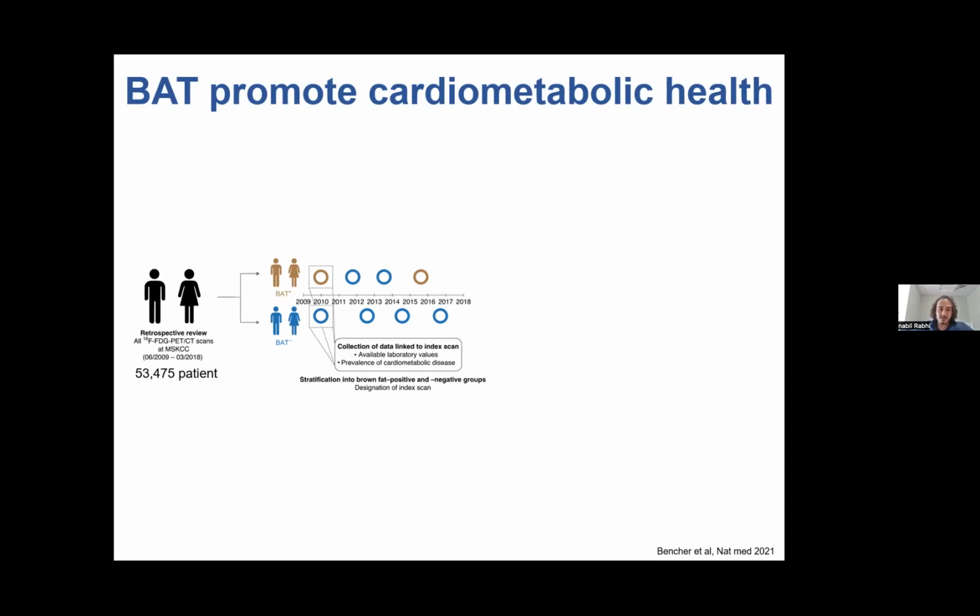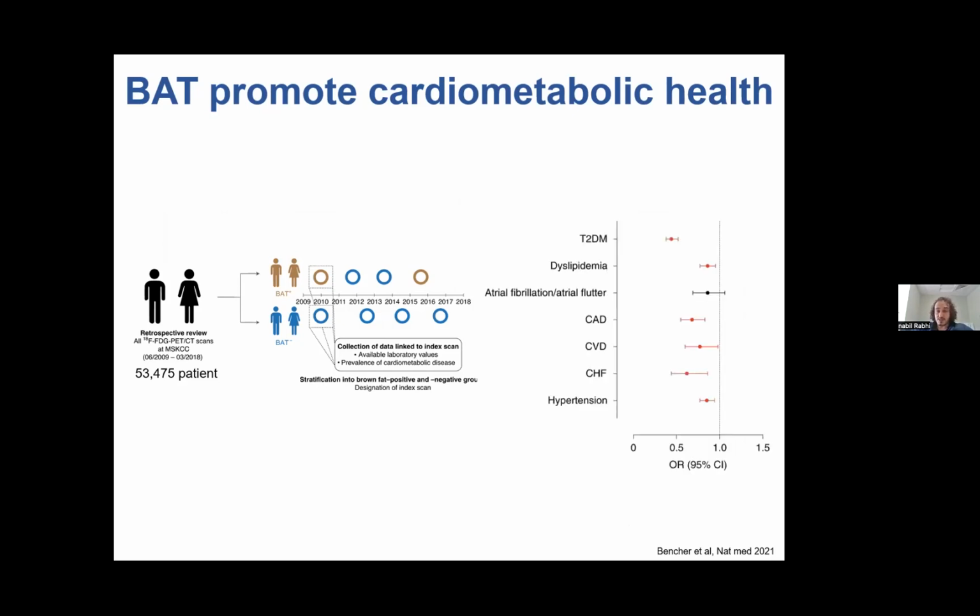And they looked 10 years down the road at what the metabolic outcome was for those patients. And actually they found that patients were protected against type 2 diabetes, dyslipidemia, and cardiovascular diseases, suggesting that brown fat was actually protective against cardiometabolic diseases.